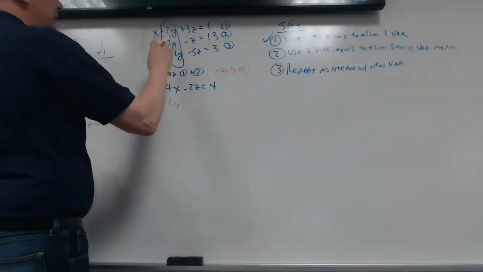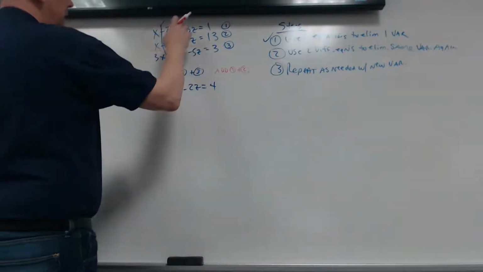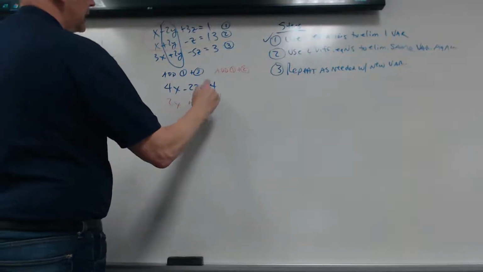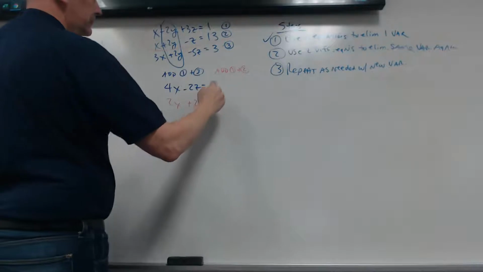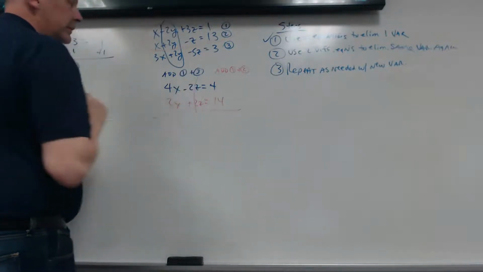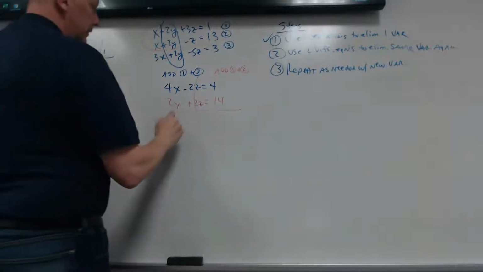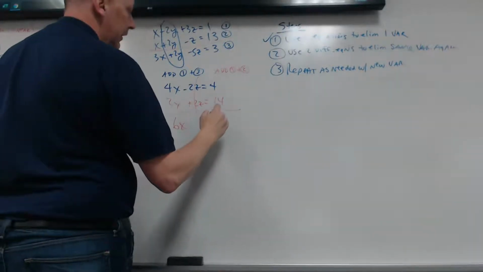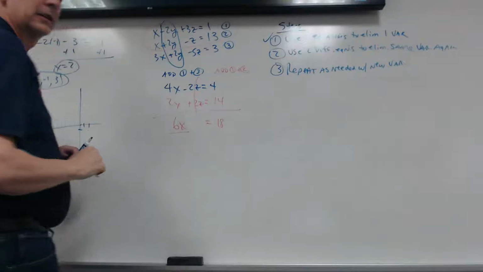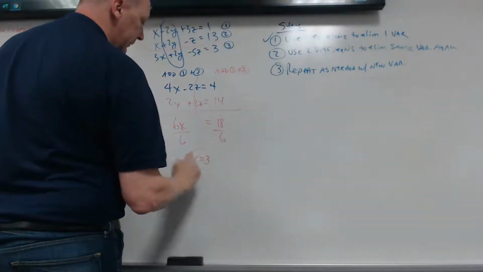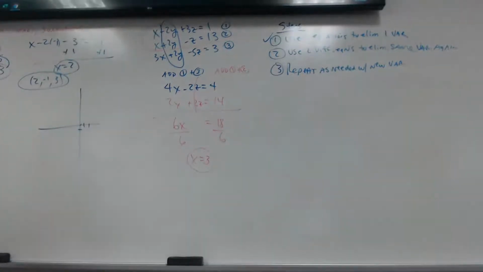Negative 2y plus 2y, 0, that drops out. 3z minus z is 2z equals 1 plus 13, 14. And that's going to drop out, right? That was nice. So I'm going to get 6x equals 18, divided by 6, x equals 3. Okay? Now we've got x equals 3.